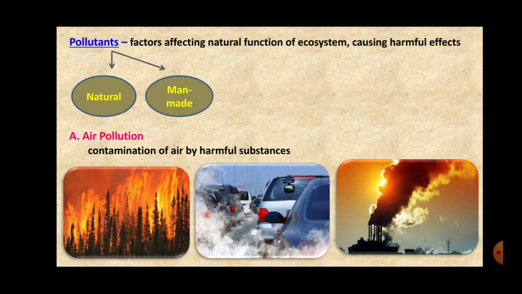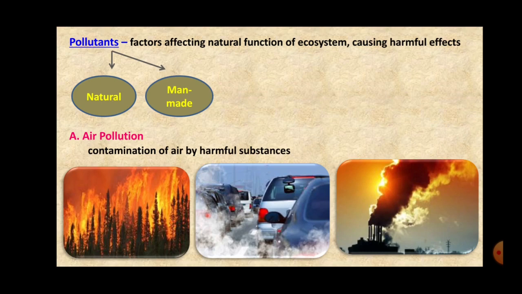In the third picture, you can see the black dark colored smoke which is given out from the factories and industries. And not only the smoke is given out, but small carbon particles are also given out by these factories, which are called particulate matter. And different types of microbes are also there, which contaminate the air, right?